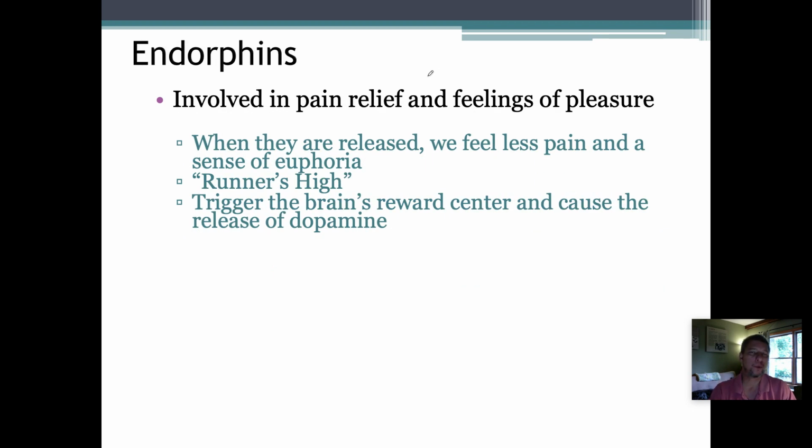Last but not least, we have the endorphins, and these are involved in pain relief and feelings of pleasure. When they're released in the body, we feel less pain, and we feel a sense of euphoria. All right, you get that runner's high. If you're an athlete and you work out, you run a long distance or that sort of thing, you are responding to the release of endorphins.